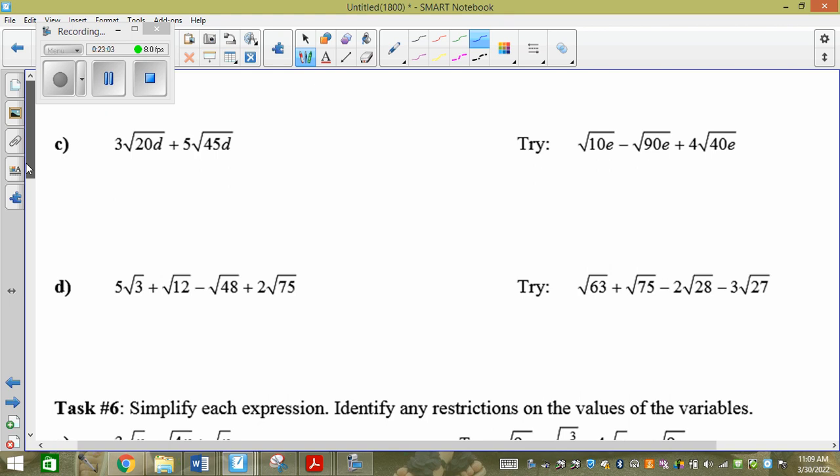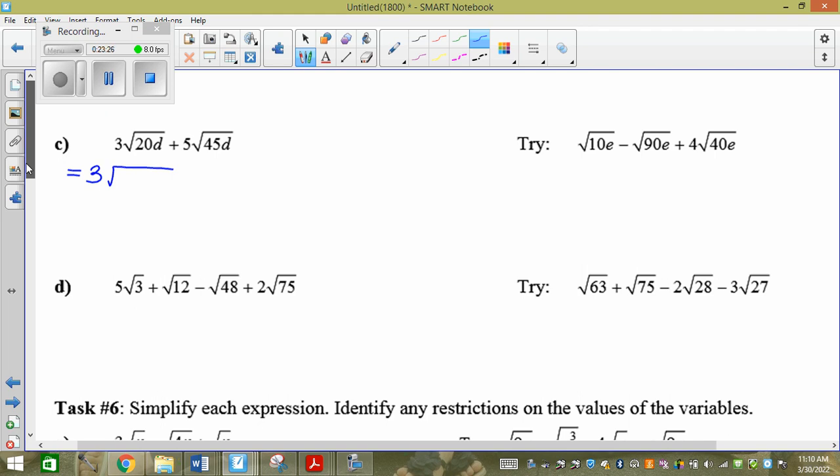These are not like radicals right now, are they? But can I reduce 20 and 45? Yes. Okay, so if I'm going to reduce this, I have to reduce them first. So I'm going to go equals 3 square root. That d is staying for life, isn't it? Because it's a square root, I need 2 d's in order to take out a d, right? It's a 2 for 1 on variables, correct? If it was a cube root, I'd have to have 3 for 1 to take out the variable, correct?